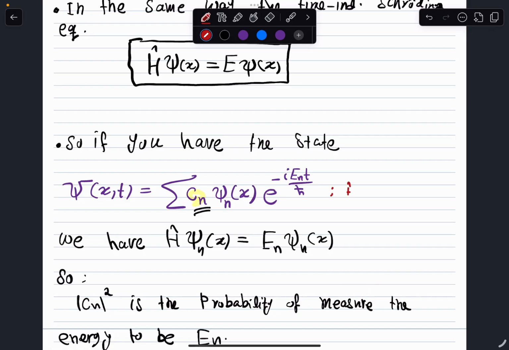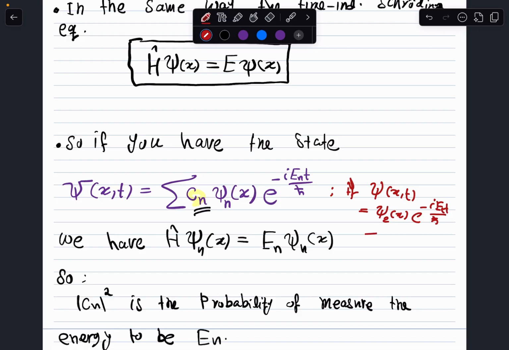if, for example, psi of x,t can be written as psi 2 of x times e to the minus i E2 t over h bar, what's the probability of getting energy E2 for this state? You would say it's for sure 1, because it is in state 2, right?